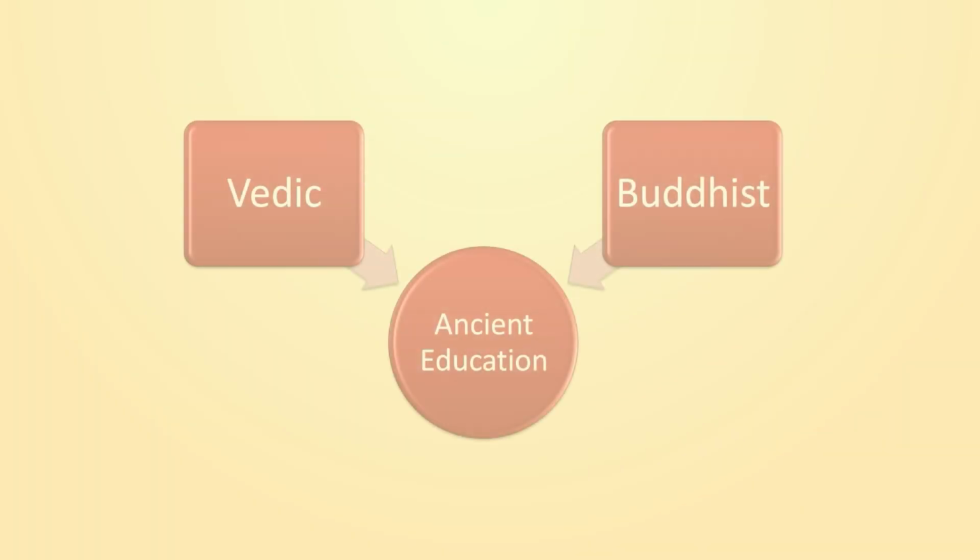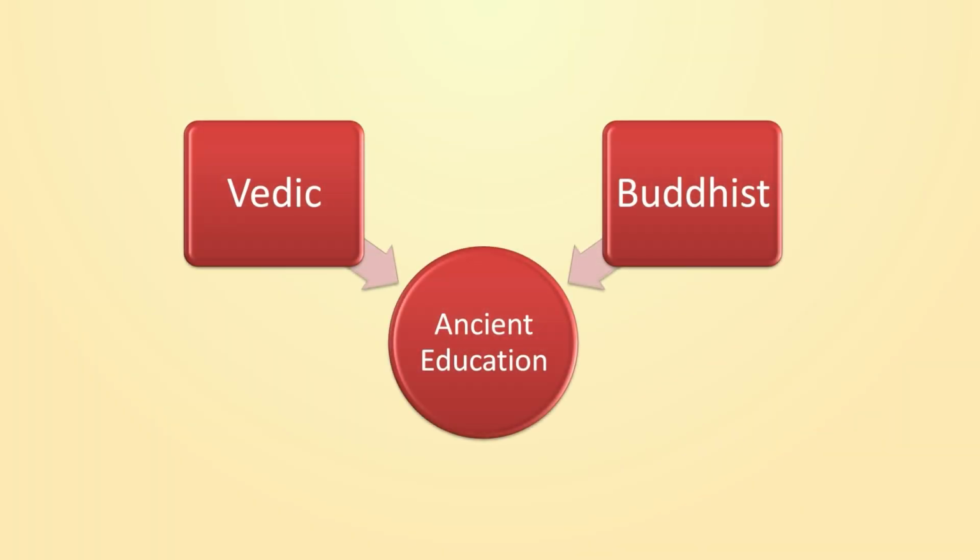As I mentioned, in this lesson we will be concentrating on the ancient Indian knowledge system and education system. From ancient times till Indian independence, if you look at the different education systems provided in Indian society, broadly we can classify them into three categories. One is the ancient time, which includes our Vedic period as well as the Buddhist period.